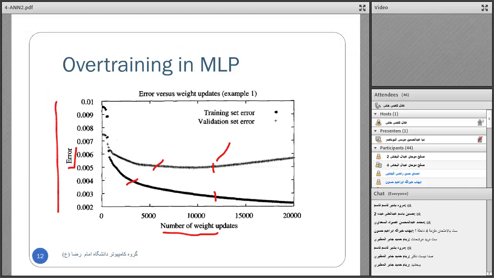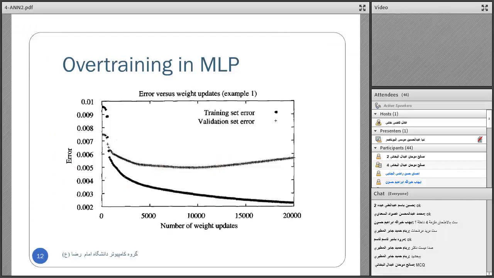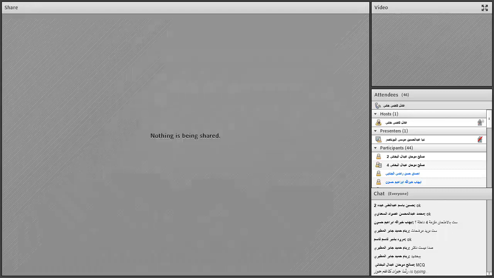Only one question you have to write the answer, and that question will be about the perceptron algorithm. We talked about the perceptron algorithm.